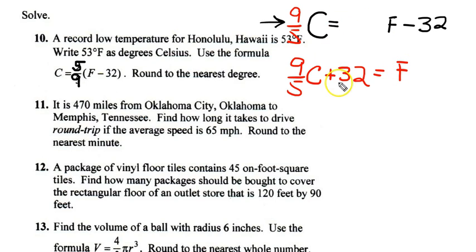So we had done something like this, but we want to find out using this formula if it's 53 degrees Fahrenheit in Hawaii, what would that be in Celsius? Okay, so we're going to use this formula up here. So 5/9 times, now this is 53 minus 32, that's going to be 21.